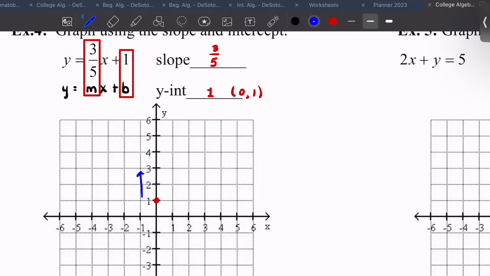And you ended here. And then you're going to go over 5: 1, 2, 3, 4, 5. And you draw your line. See if I can get it. There we go.